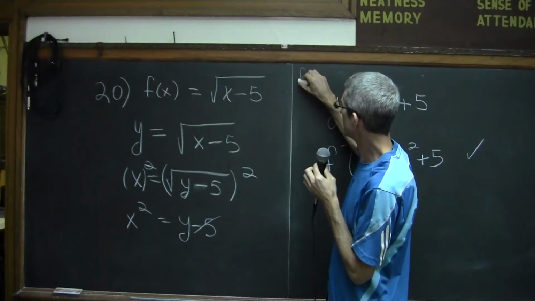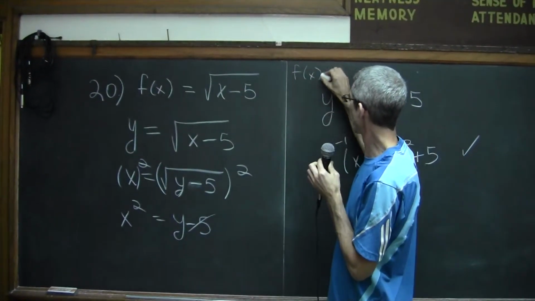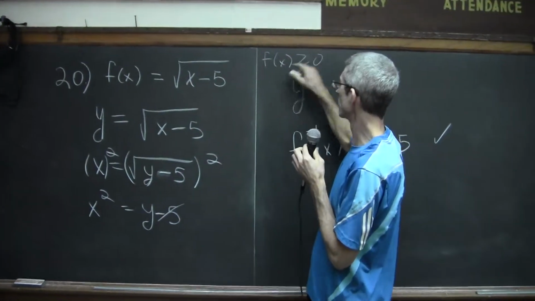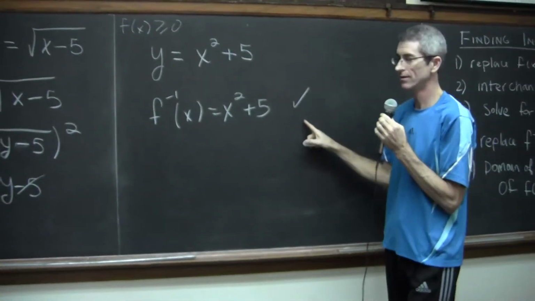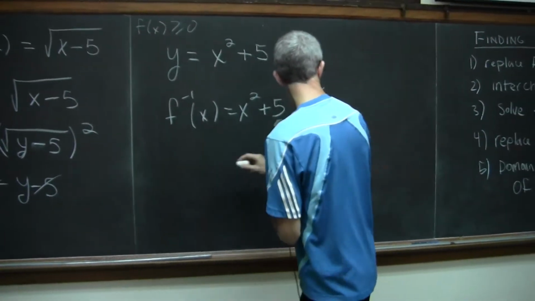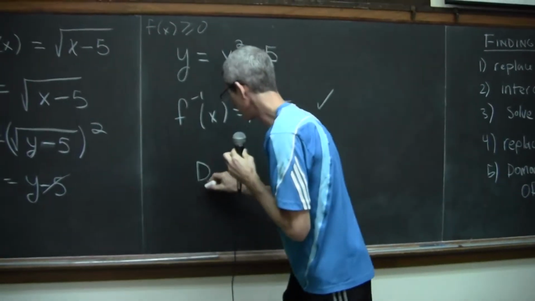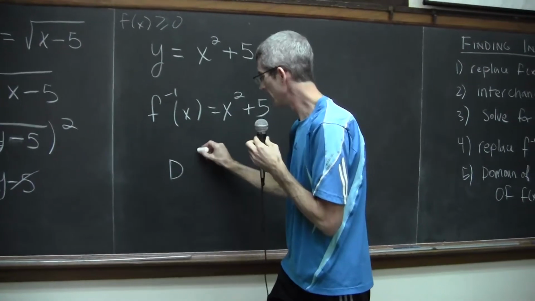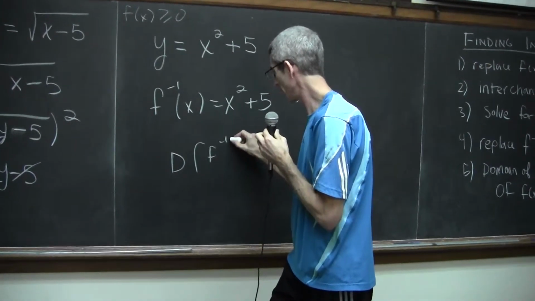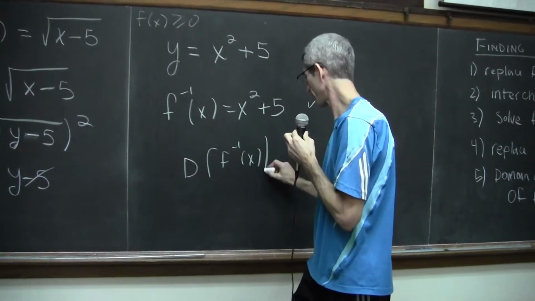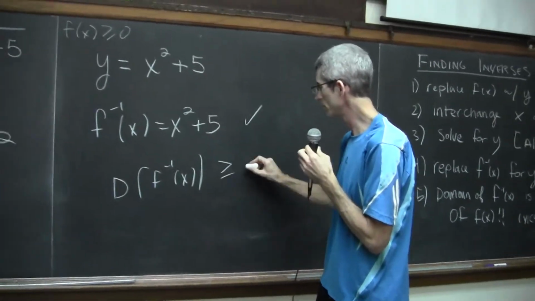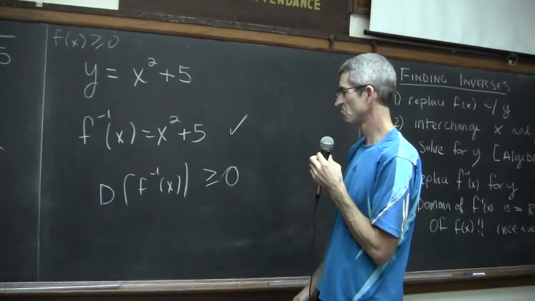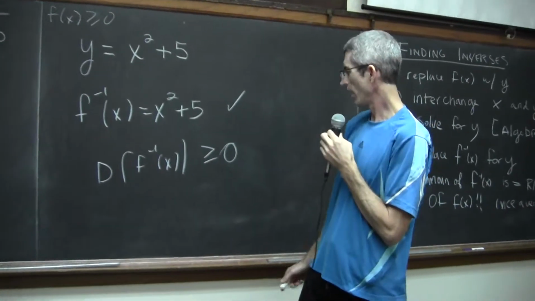I would write f of x is greater than or equal to 0. That's kind of my range. So that becomes the domain of this. So I'm going to write the domain, I'm just going to write like that. D of f inverse: x is greater than or equal to 0. That's not too bad to write it that way.